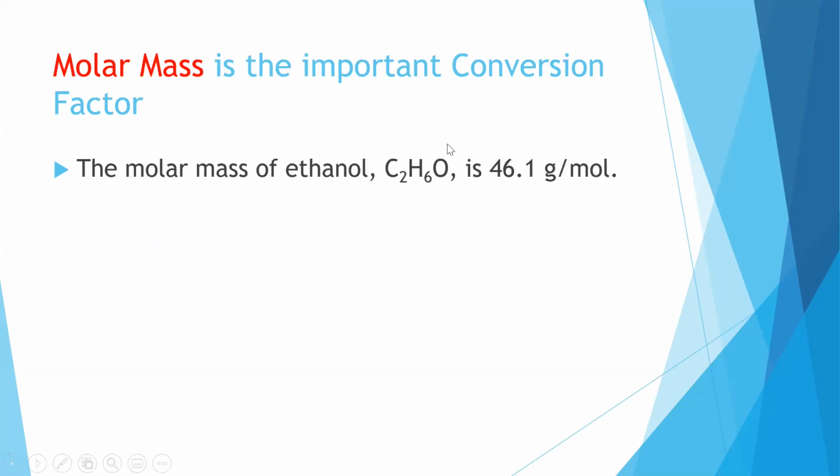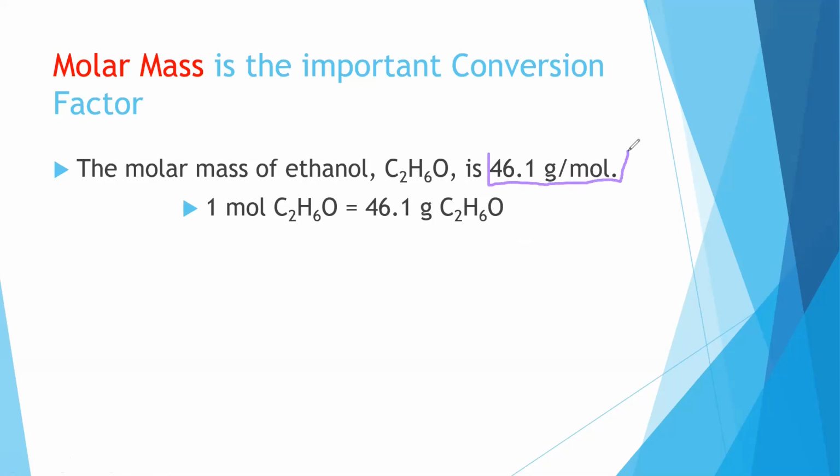If you go to the table, you can find that the molar mass of ethanol, which is C2H6O, is 46.1 grams per mole. Since we know this molar mass, we can write that as a fraction of 1 mole equals 46.1 grams.